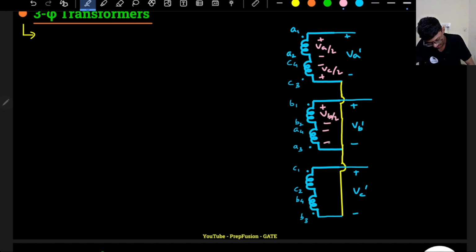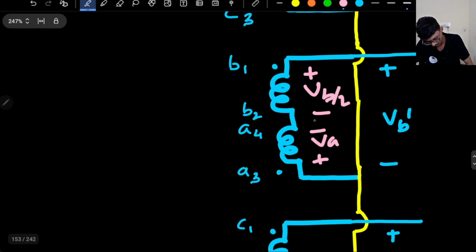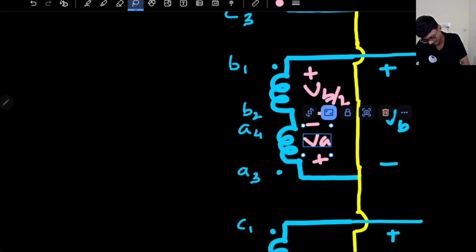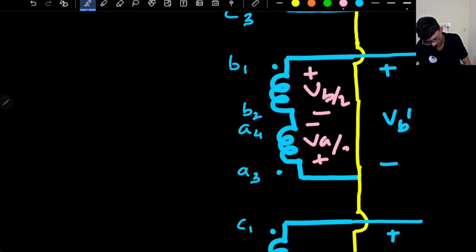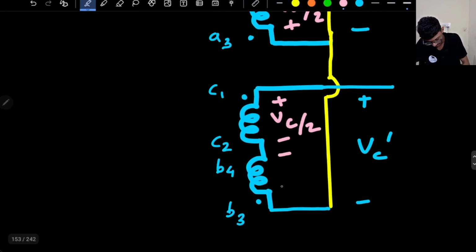This will be minus plus Va by 2. This will be plus minus Vc by 2, and this will be minus plus Vb by 2.